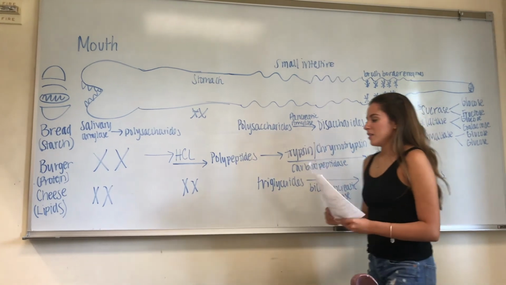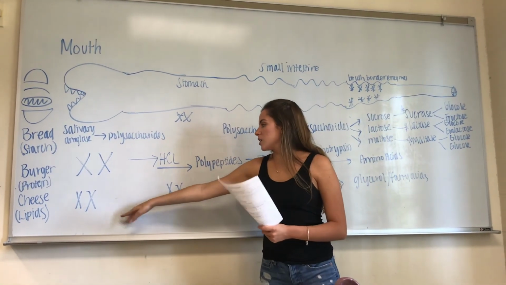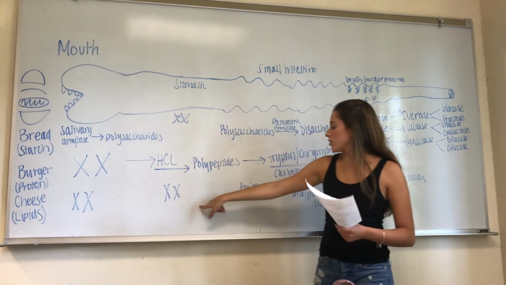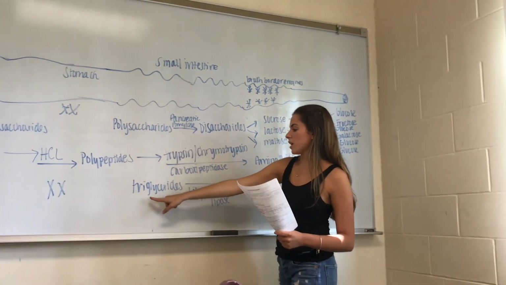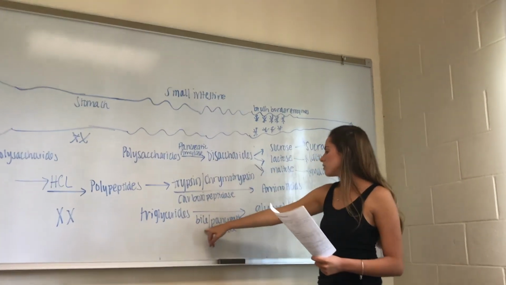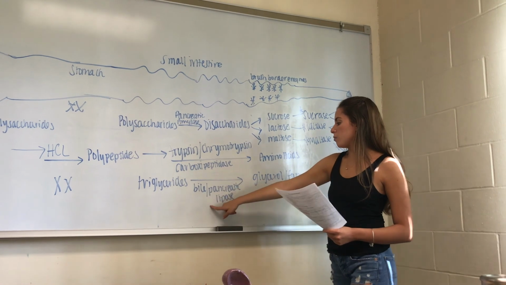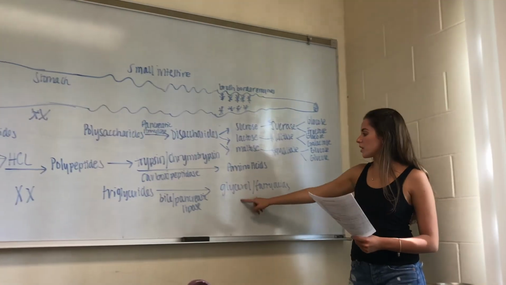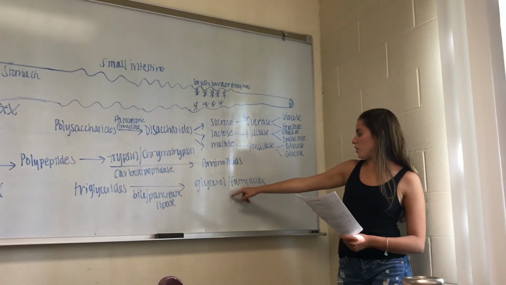And then finally the lipids. Nothing happens in the mouth or the stomach. They go straight to the small intestine as triglycerides, move through with bile and pancreatic lipase, then turn into glycerol and fatty acids.